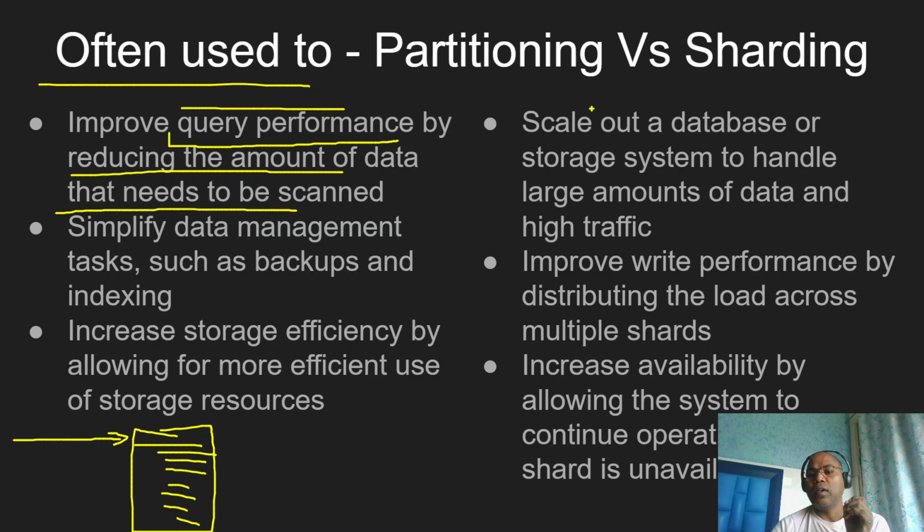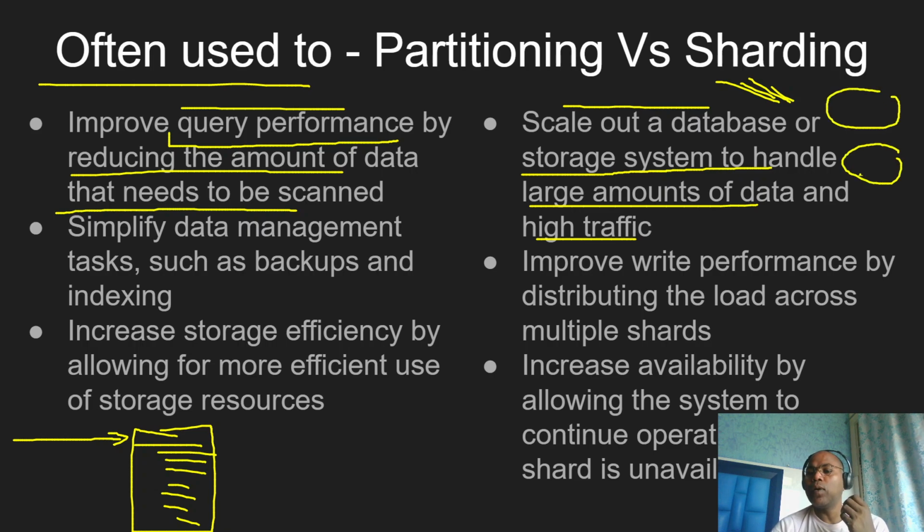Sharding is used to scale out the database to handle large amounts of data storage and high traffic. As the volume of data increases, instead of storing everything in one database, you can store it in multiple databases and multiple locations, so that data is distributed.